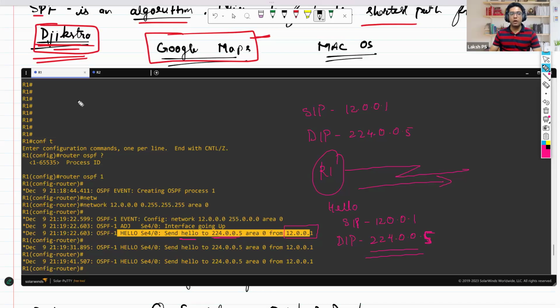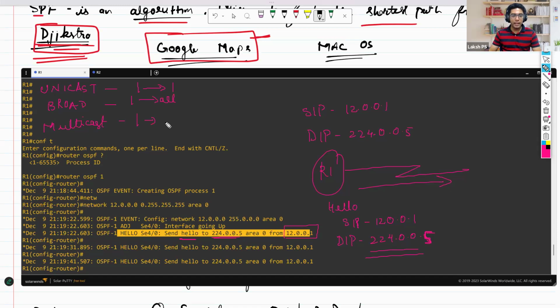Multicast means that, if you remember, we had a discussion on the types of traffic in layer 2. We discussed unicast, meaning it is a one-to-one communication. Then we know what a broadcast is: one-to-all communication. And then there is multicast.